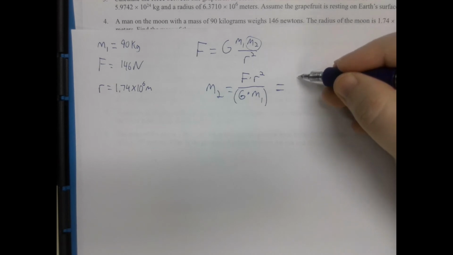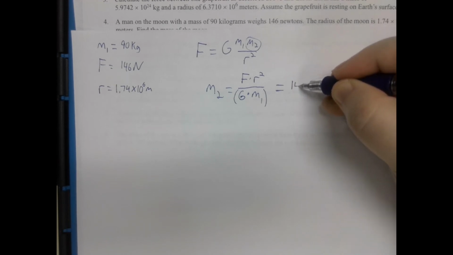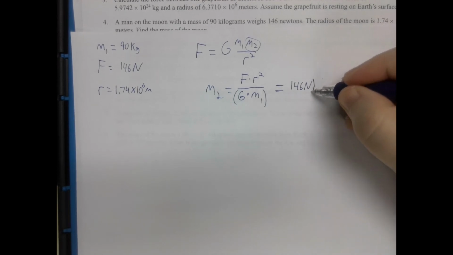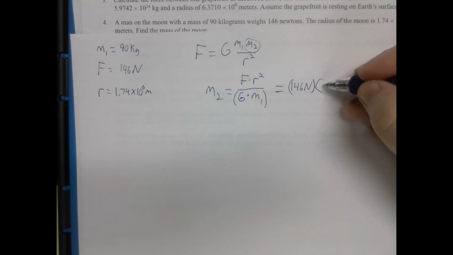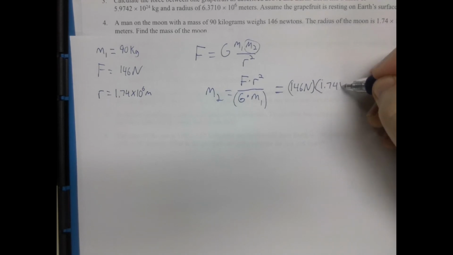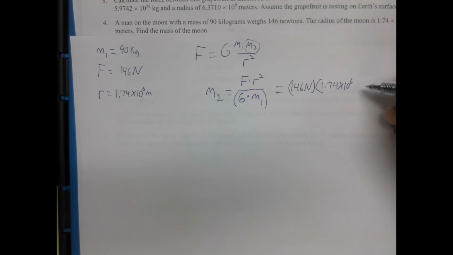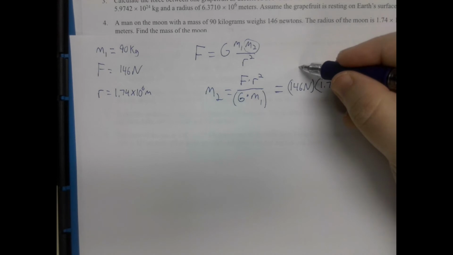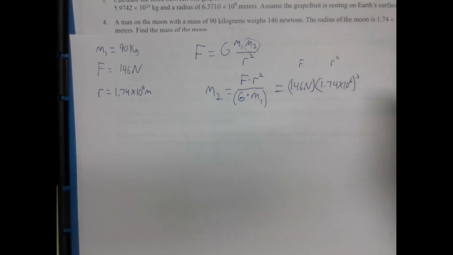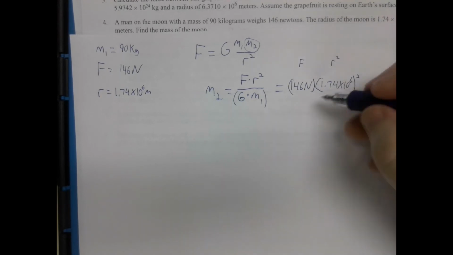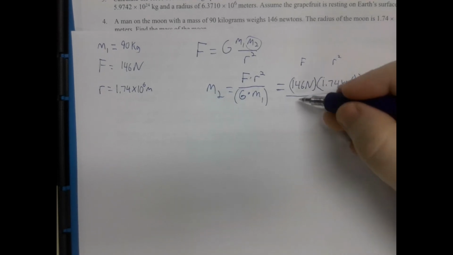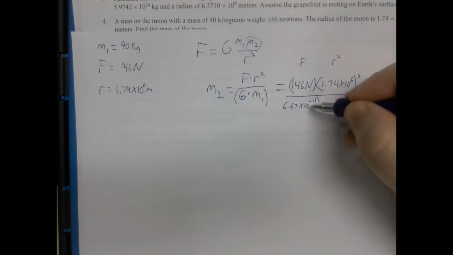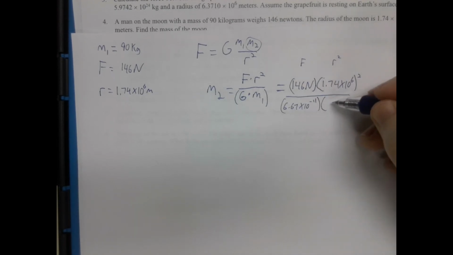So our force would be equal to 146 newtons. We times it by 1.74 times 10 to the 6, and we square it. So this is your force, this is your R squared. And then we need to divide it by 6.67 times 10 to the negative 11, and then multiply that by your M1.